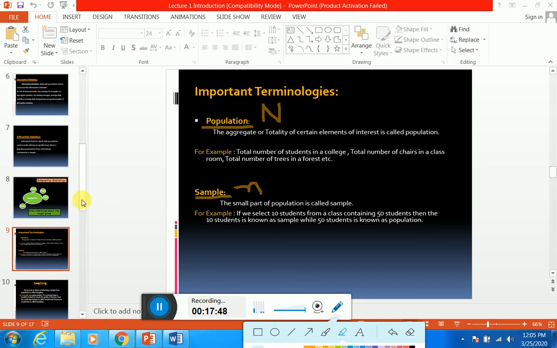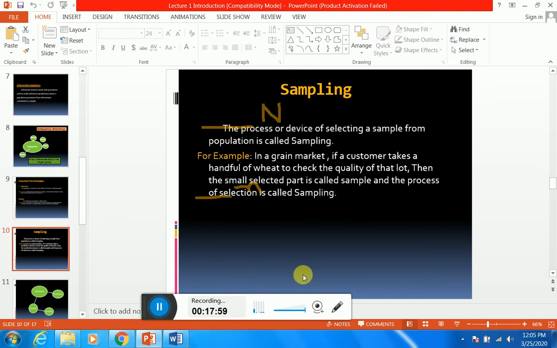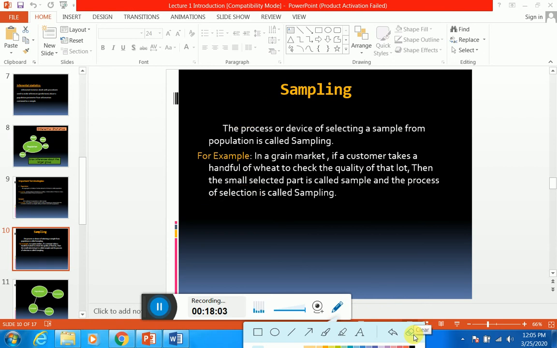That was population and sample. Now let's move to the next slide, which is about sampling. What is sampling? Very simple. Sampling is the process where we select the samples from the aggregate.